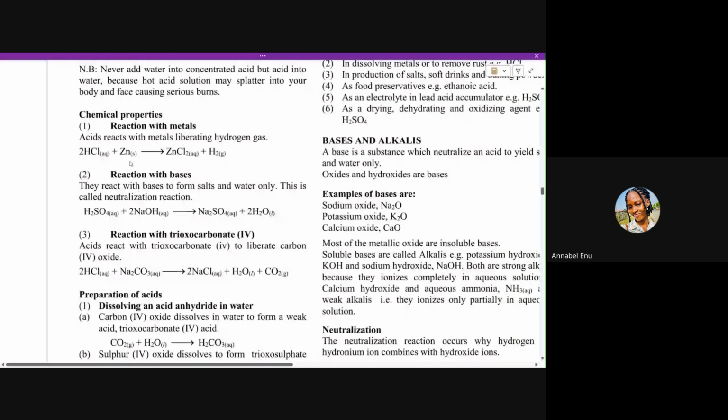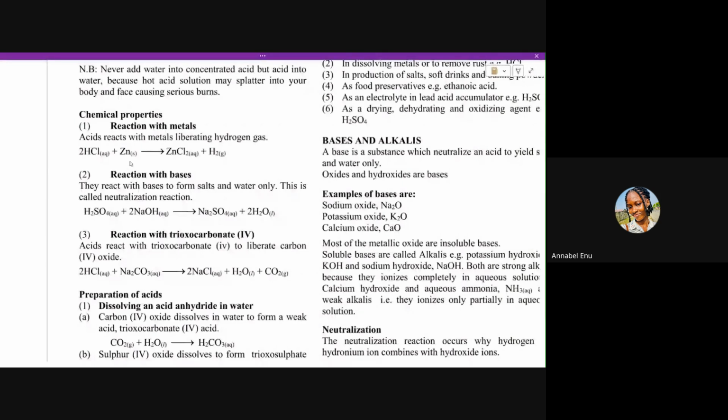Now, you should note that whenever an acid reacts with metal, it will give you salt and hydrogen. Always hydrogen gas. So these are the two products we have to expect. Hydrogen gas must be there and a salt will be formed.